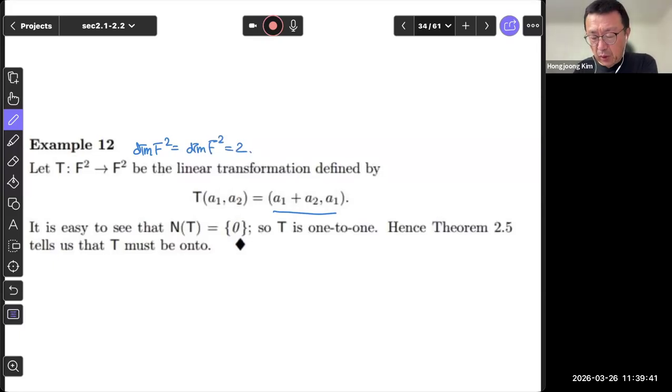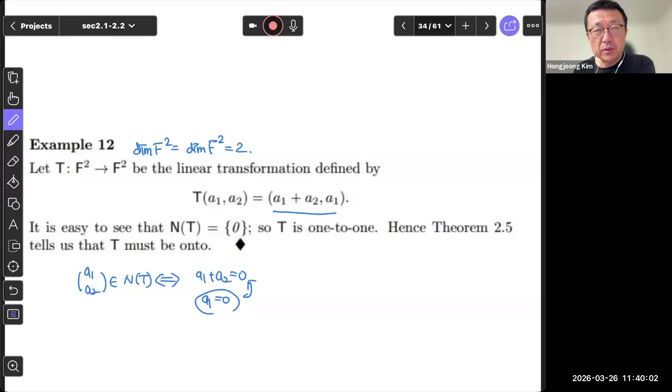And what is the null space? So the pair A1, A2 is in the null space, meaning the image A1 plus A2 is 0 and A1 is 0. If A1 is 0, when I plug this value into the first equation, A2 will also be 0.